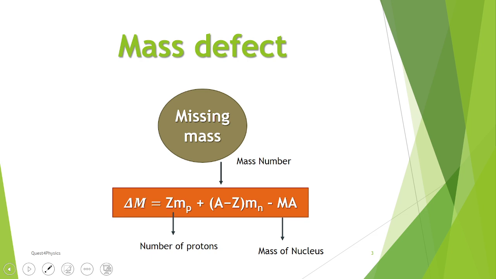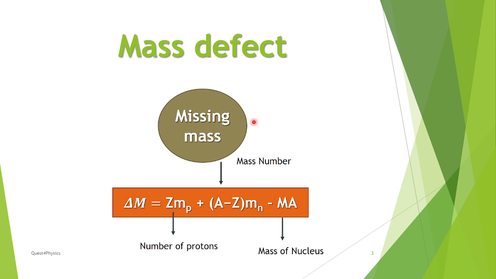Okay, now we will see what mass defect is. The actual mass of an atomic nucleus is always less than the mass of the protons and neutrons present in the nucleus. When a nucleus is formed, energy is released, and this energy is removed in the form of reduction in total mass, or we can say the missing mass.